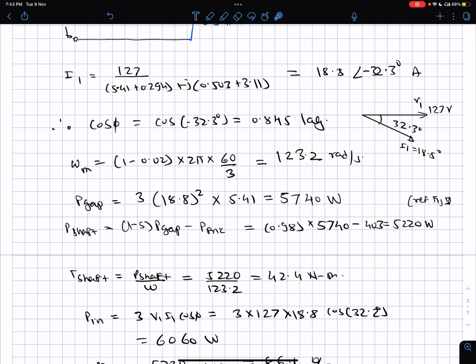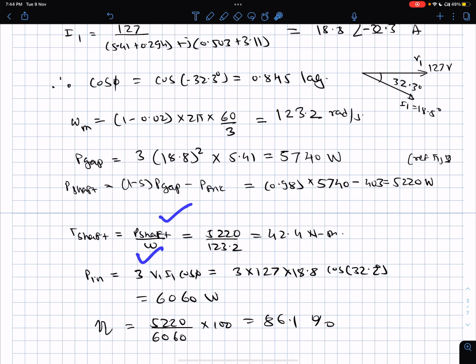To calculate the shaft power, we should first look at the mechanical power, which is (1 minus s) times the P gap, and then subtract from it the friction, windage, and other losses associated with it. So we get 0.98 into 5740 minus 403, which is 5220 watts. Once we know this, divide it by omega, which we have already calculated, and we get the shaft torque.